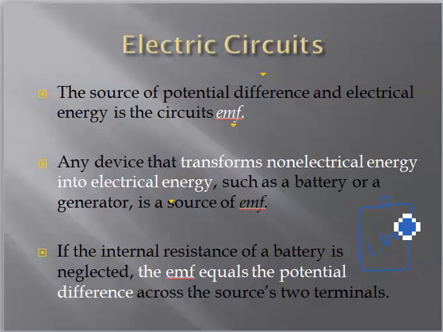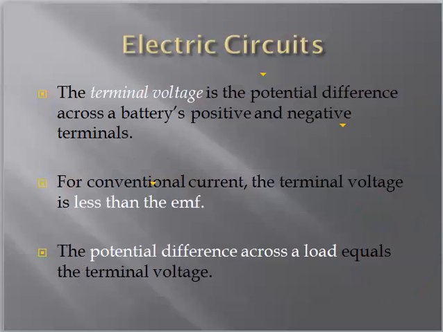But there's some little bit of resistance through the wiring or the connections, and at the two terminals we're only getting a potential difference of 1.5 volts, because some of that voltage is being lost to the internal resistance, or used up by that.